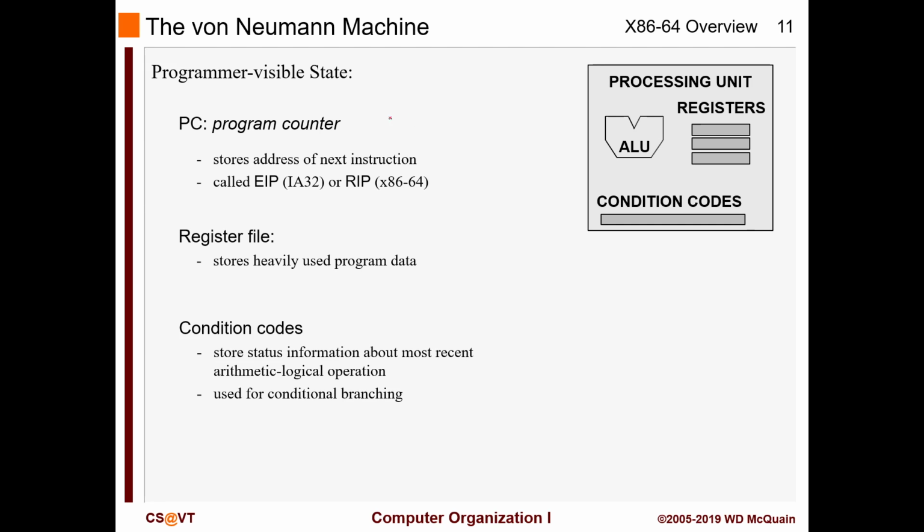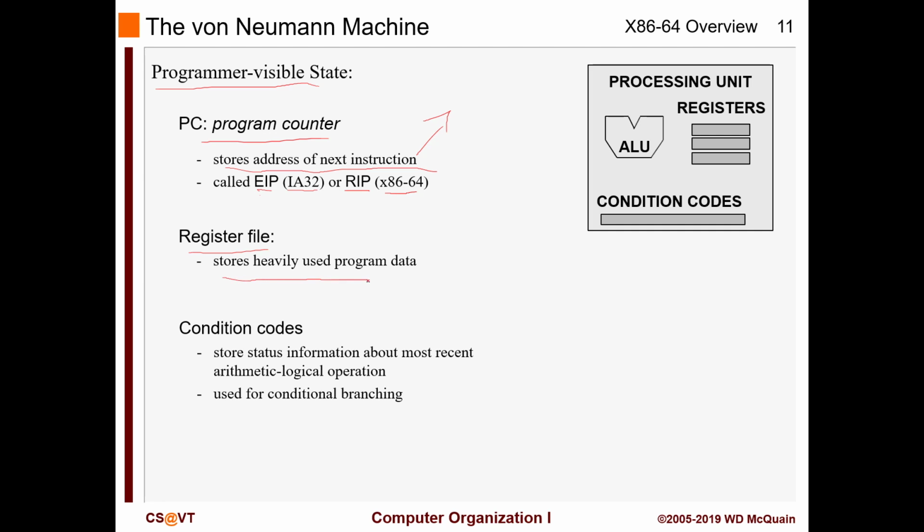In the von Neumann machine, the programmer visible state includes the PC, which is always visible to you. It stores the address of the next instruction. It will make more sense in the next few classes, and it is called EIP in IA32, or RIP in x86-64. And we have the register file.